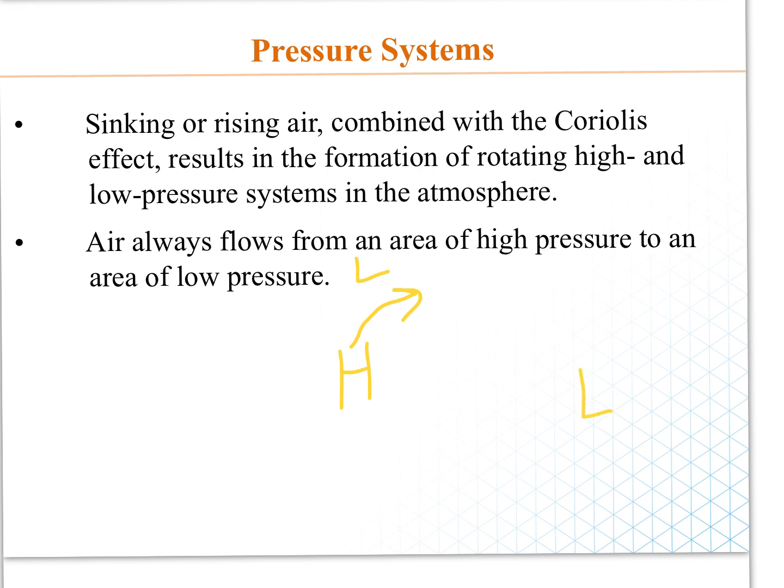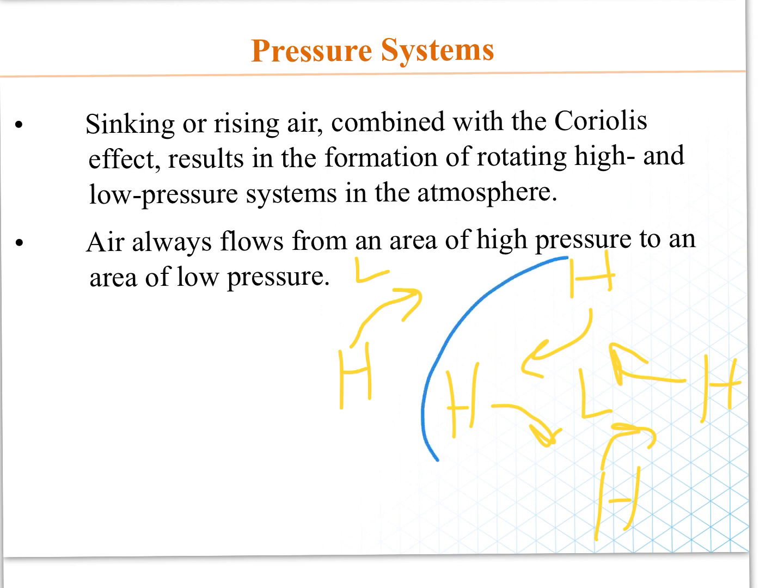If we have low pressure, and then we have high pressure all around, well, the winds are going to curve to the right, curve to the right, curve to the right. You're like, okay, why did he just do that? Because this is actually what creates the counterclockwise rotation for hurricanes in the northern hemisphere.